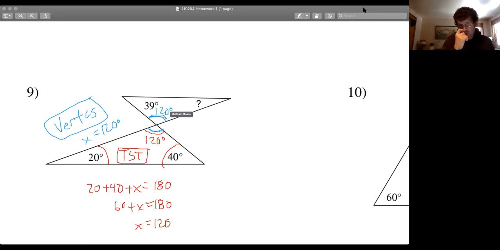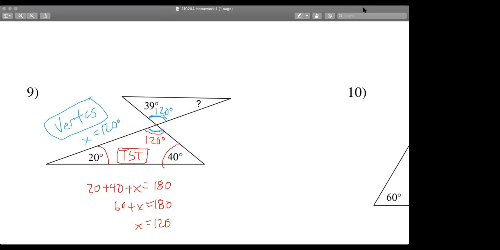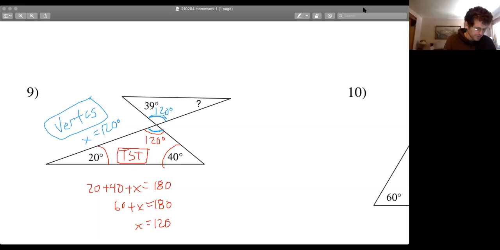So now, what is the last thing we can do to solve for an unknown angle? You can add 39 and 120. There you go, 39 and 120.